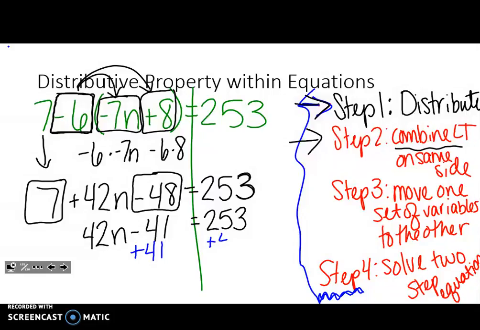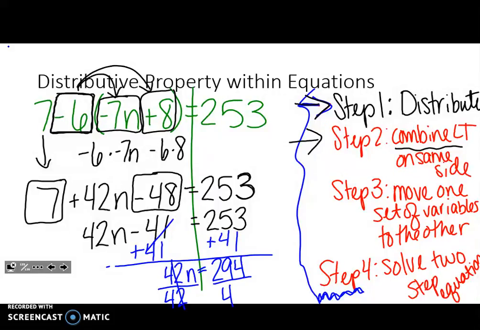I'm going to add the 41 to the other side. I get 42n equals 294. I'm going to divide both sides by 42 to get n equals 7. So the only other step that I added into this problem is to combine like terms on the same side of the equal sign.